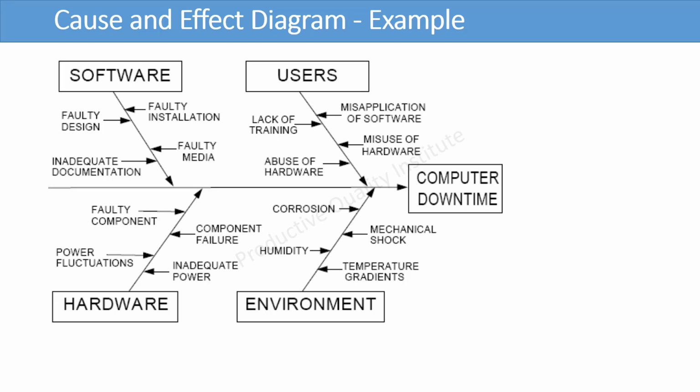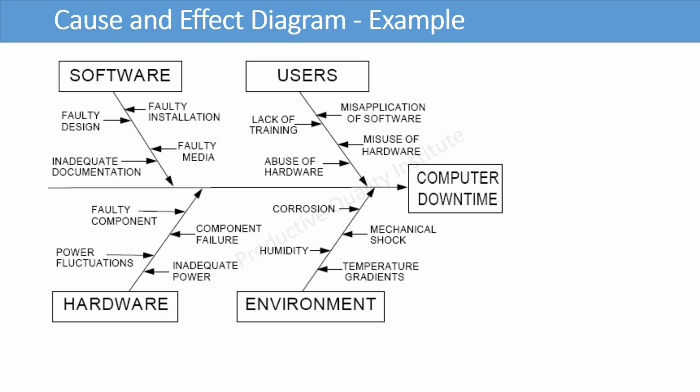Another example for the cause and effect diagram. The effect is computer downtime. The main categories are software, users, hardware, and environment. Detailed levels for software are faulty design, faulty installation, faulty media, and inadequate documentation.